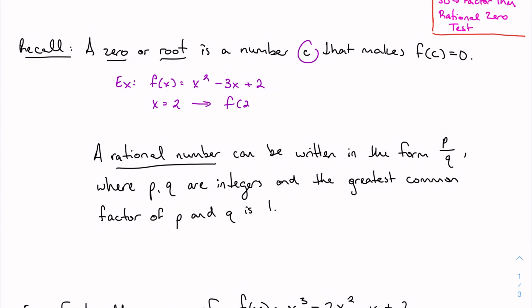Well, if I take f of 2, I'm going to get 4, 2 squared is 4, minus 3 times 2 is 6, plus 2, and sure enough, I get 0. So 2 is a 0, or a root, of the function. That's all it's saying. It's just our way of naming something that makes a function equal to 0.